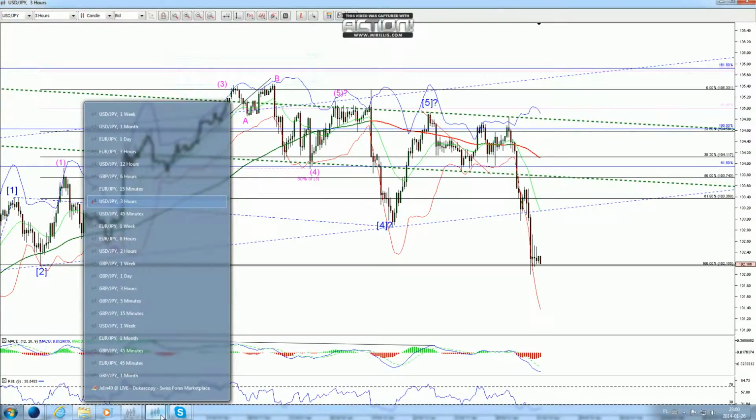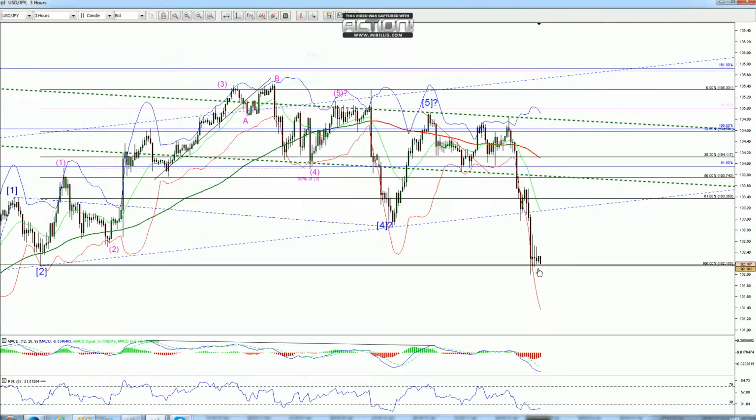But this was quite a surprise for the market. Actually, the market should start in the next minutes, because it's 11 p.m. Central European time. Yeah, the markets are opening now.